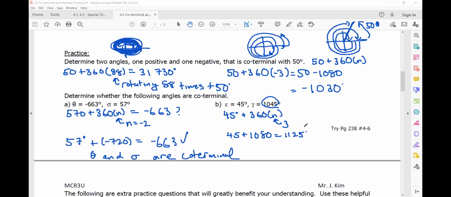How about I just try it? 45 degrees plus 720 becomes 765. 1045 degrees is in between those two numbers. They are not coterminal.